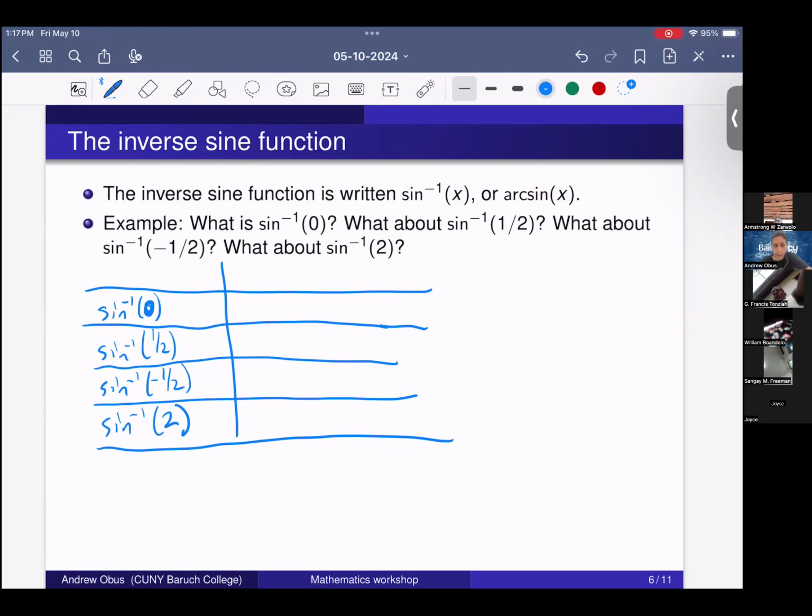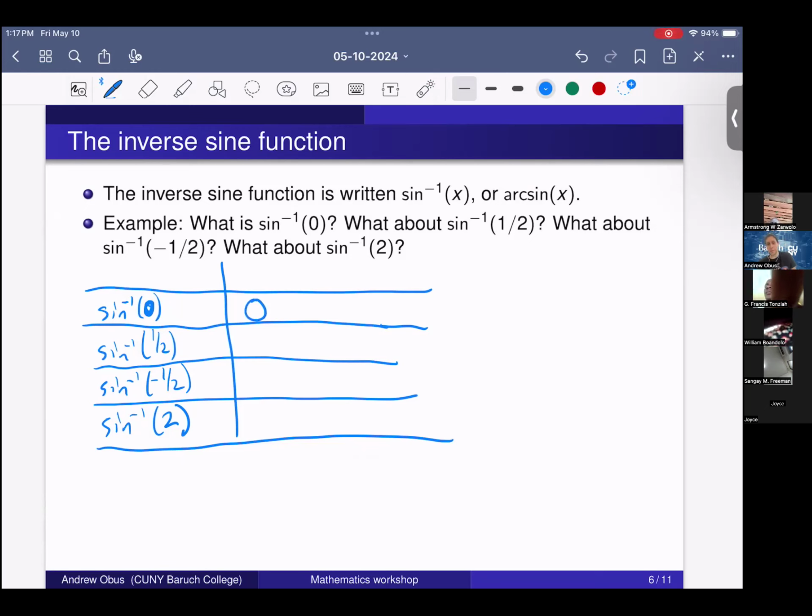Okay. So what angle has, if you plug it into sine, do you get 0? Well, I mean, the answer is going to be 0, right?